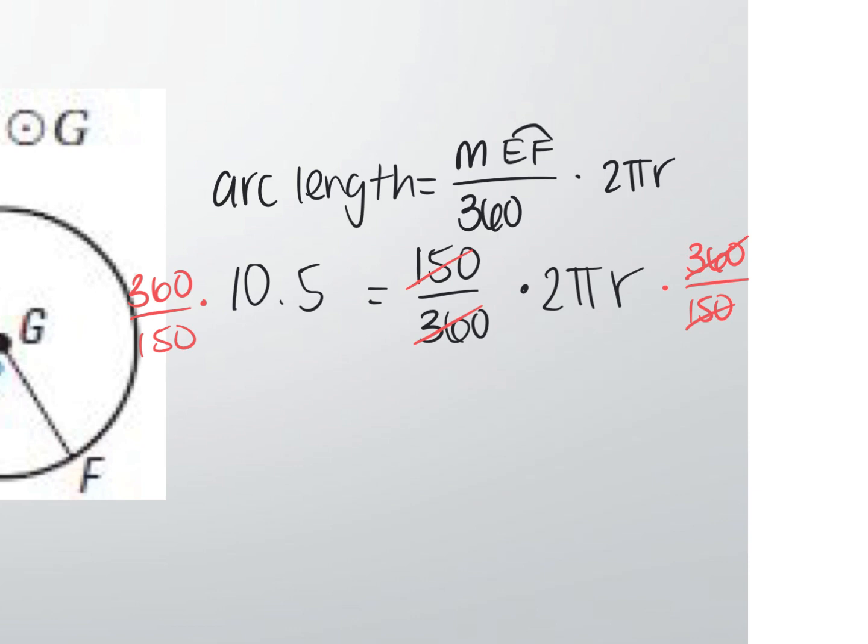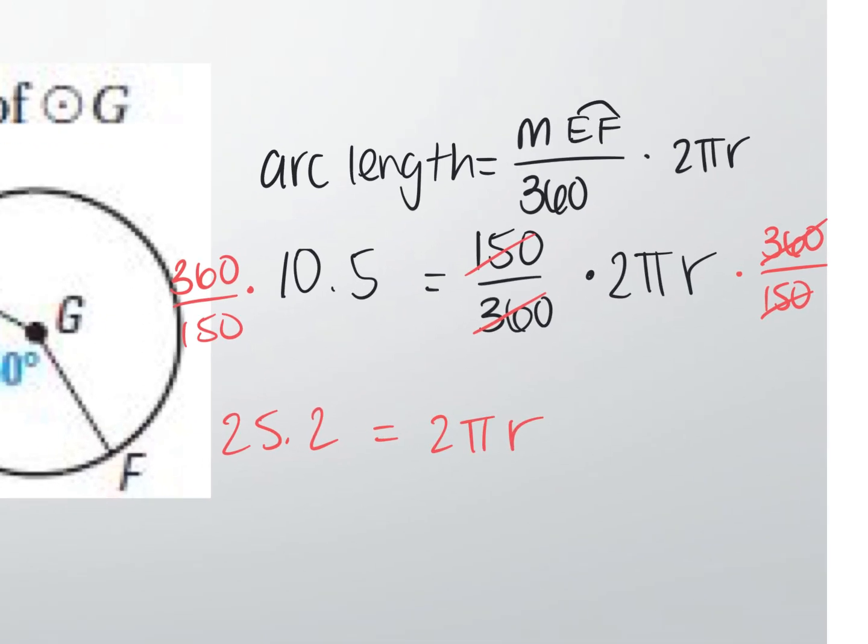So now let's go ahead and multiply it out. It was 10.5 times 360, divide that by 150. 25.2 equals 2 pi r. We're not done though.